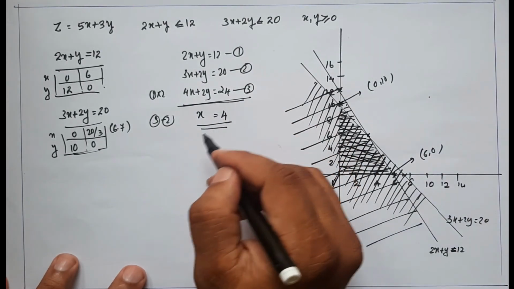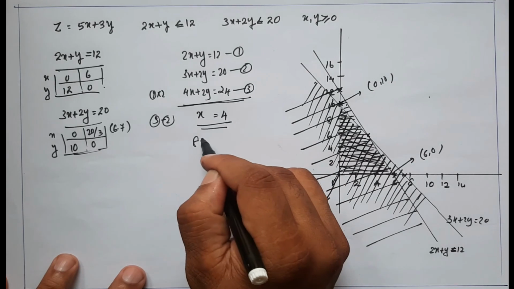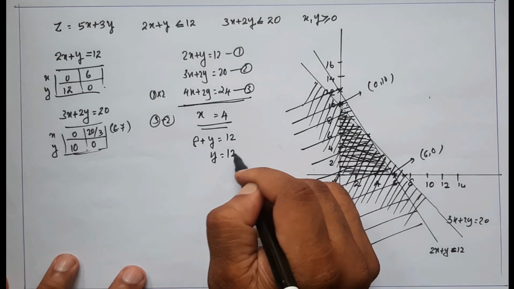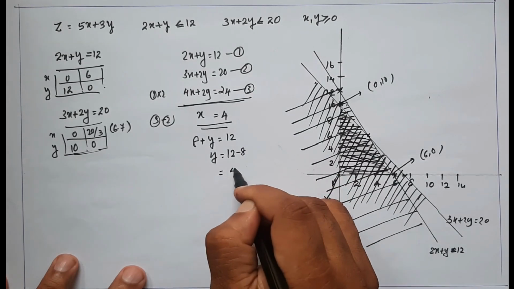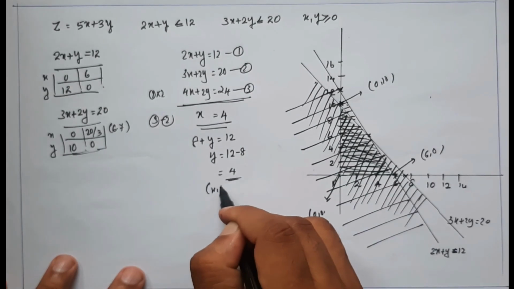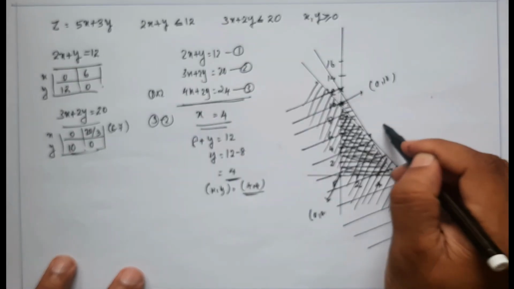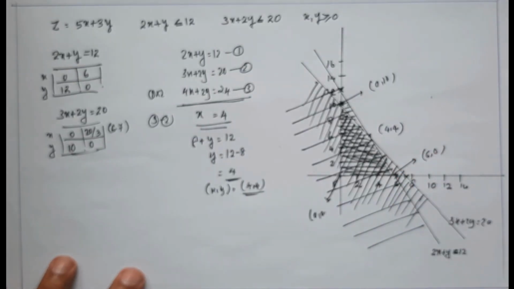Now substituting in equation number 1, we get 2 into 4 is 8 plus y is equal to 12, and y is equal to 12 minus 8, which is 4. Therefore the corner point x, y is 4, 4.